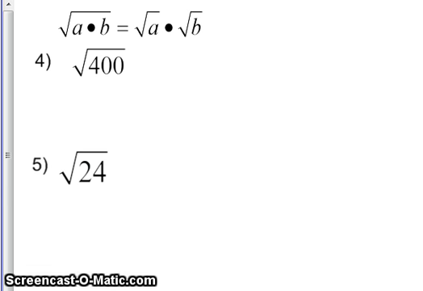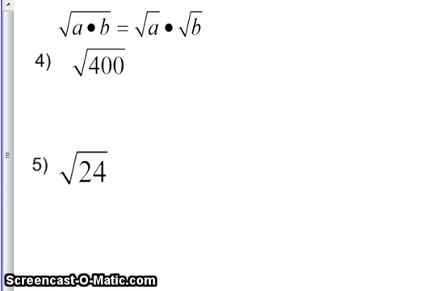And then I'm going to do these problems with you. Maybe you know what the square root of 400 is, maybe you don't. But if you don't know what the square root of a number is, you can use this rule to help you calculate it in your head without getting out a calculator.